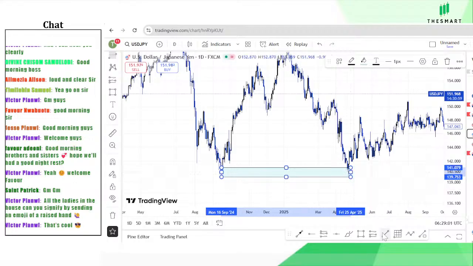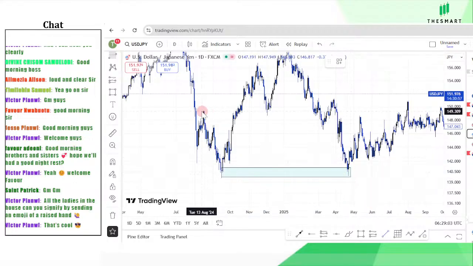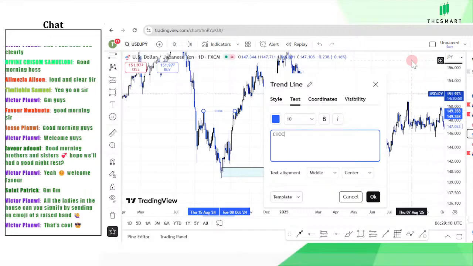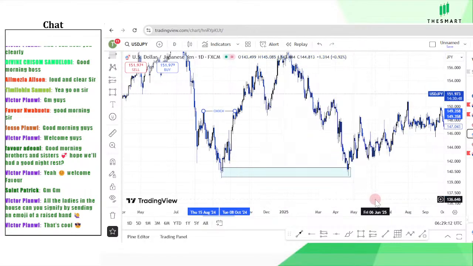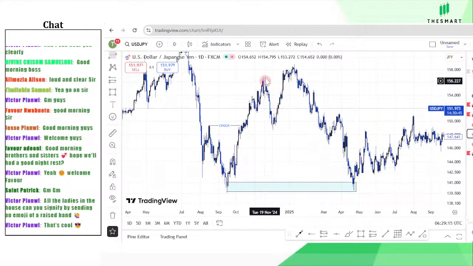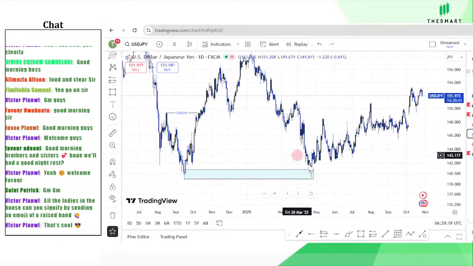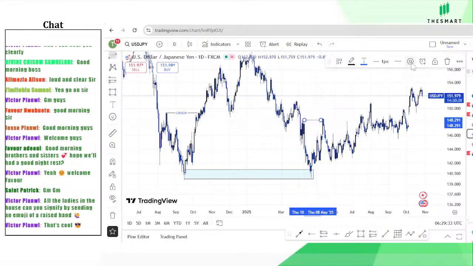You get to see the chart from a bigger picture, so you actually understand what you are doing. So from the daily level, this is a change of character at this level here. We have a breakout structure to the upside, and price has returned to the demand to continue to the upside. So from the daily, we have this level here as a change of character.